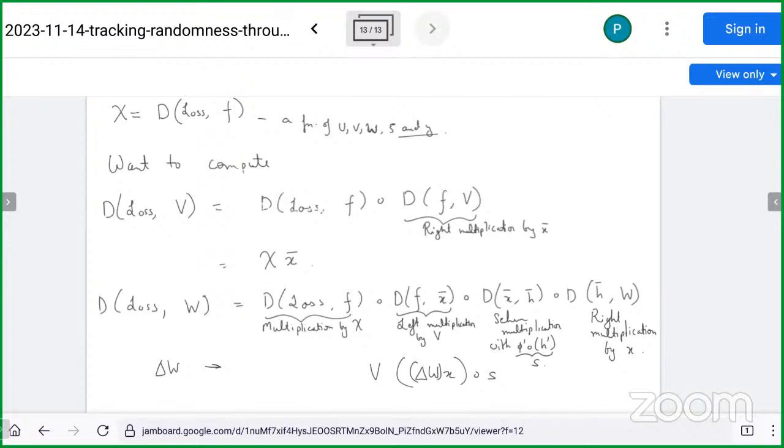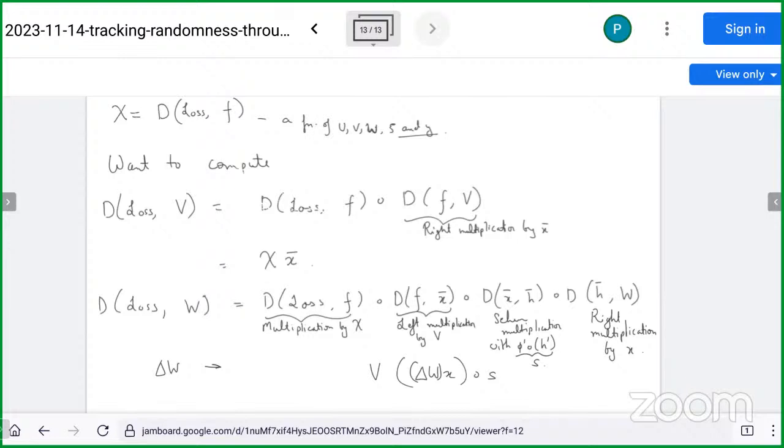So what is the matrix? Now I have the answer. Let's think about this. It's not even a linear operator, it's a linear form.